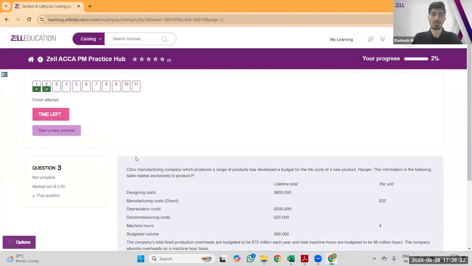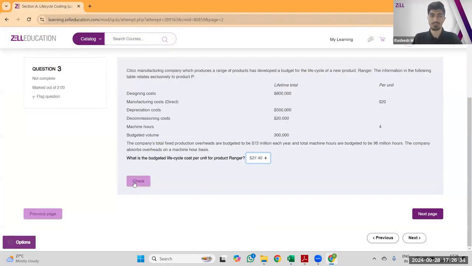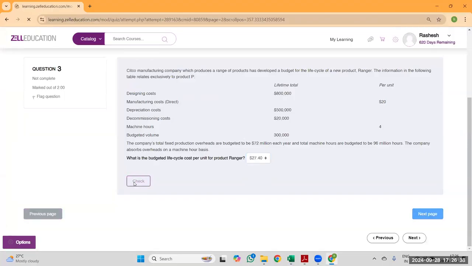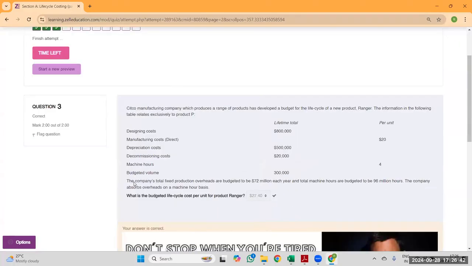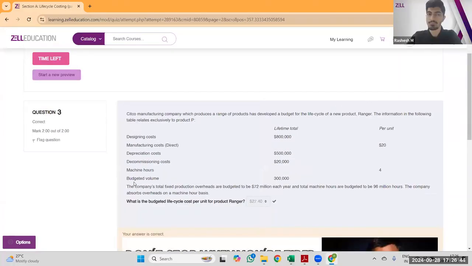Okay, let's practice one more. Sir, after we are done with the question, I wanted to ask you one more thing regarding target cost. I was solving questions from the BPP kit, and there were two questions I had a doubt in.